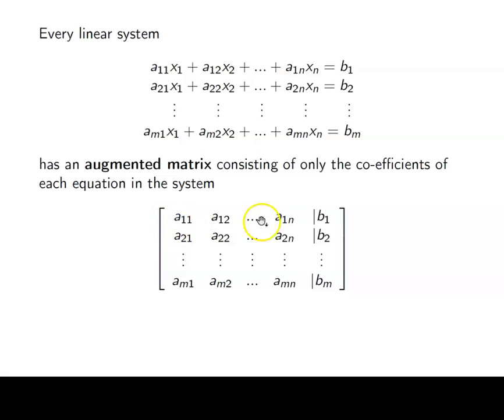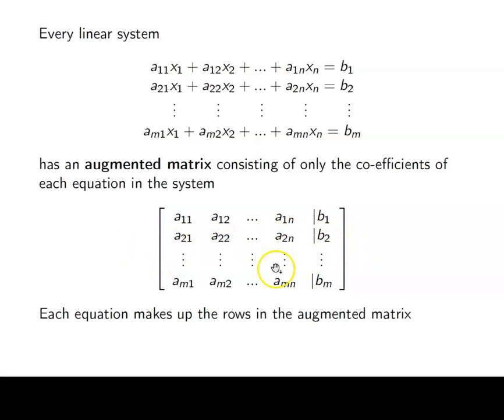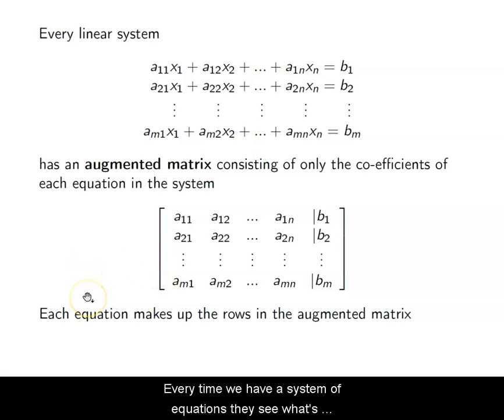The first number, again, here was what equation we're working with. Here it tells us what row we're in. The first row, the second row, right? So 2, 2, 2. These are all telling us what row we're in. So every time we have a system of equations, basically what's happening is that each equation makes up a row, right?